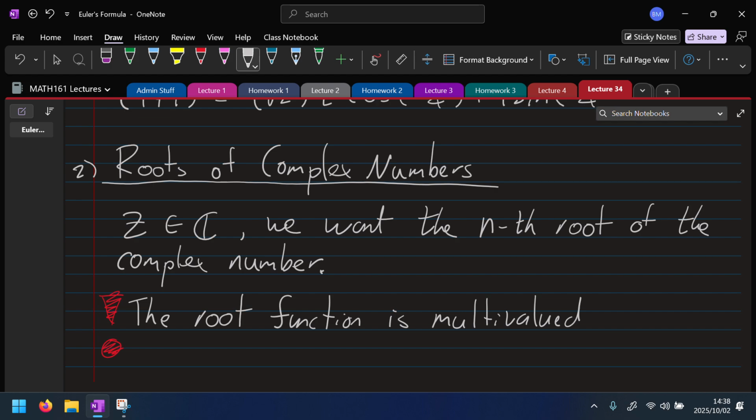So if we have the cube root of the complex number z, we are going to get 3 answers. If we are looking at the fourth root of the complex number, we are going to get 4 answers, and so on.